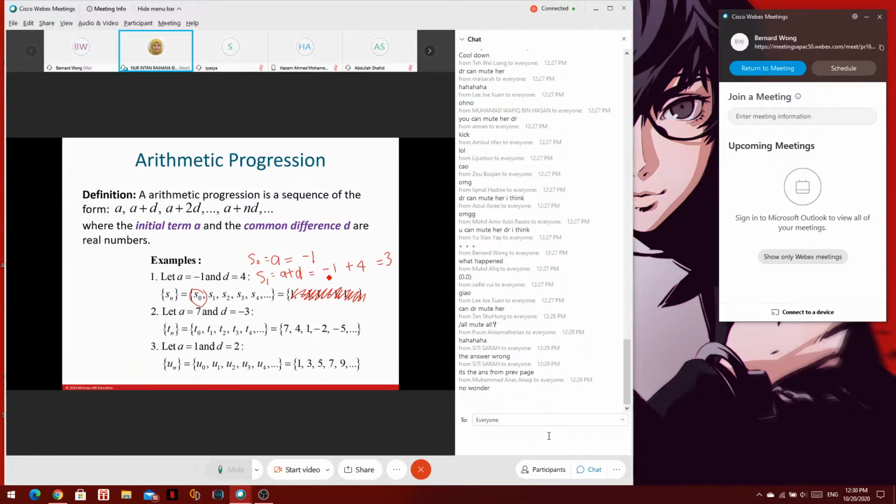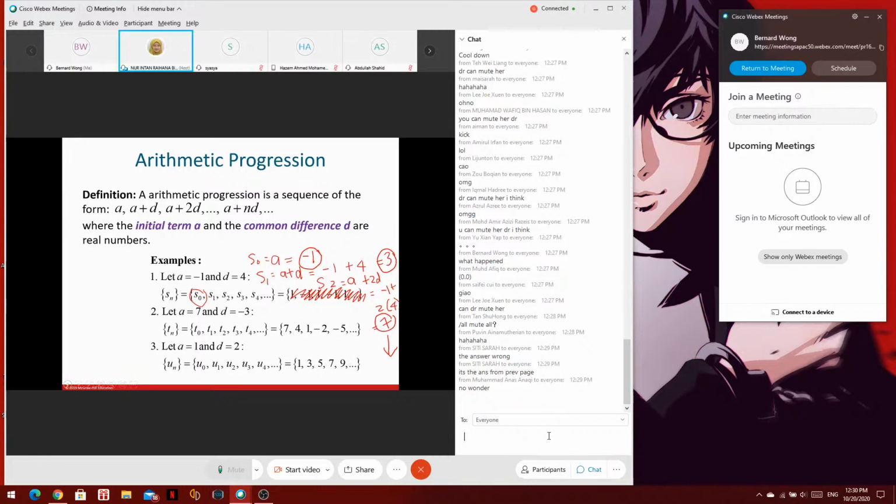So S2 is a plus 2d, which means -1 plus 2 times 4, which is 7, and so on. Okay, so the answer for 1, 3, 2 is 7, and so on and so forth.